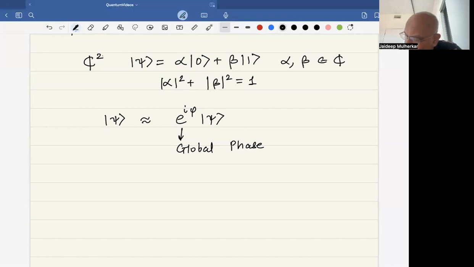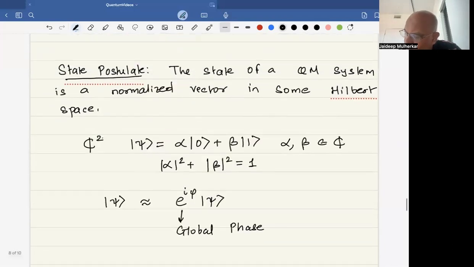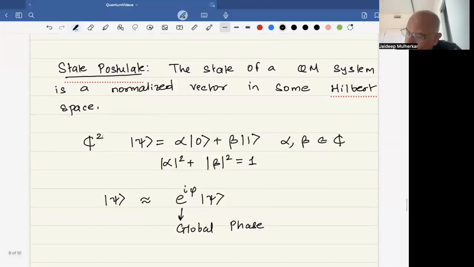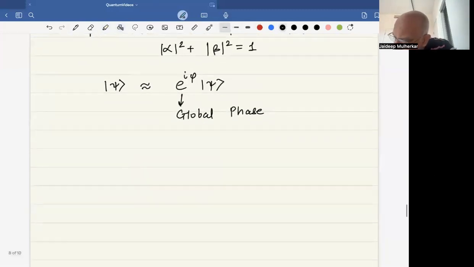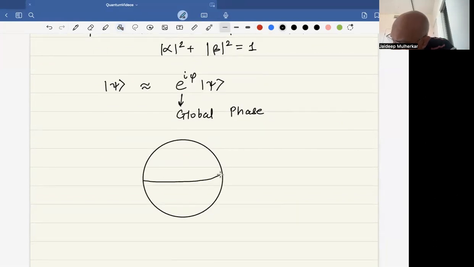So let's say you have a sphere. Let me draw this Bloch sphere. Okay, I've drawn a sphere.